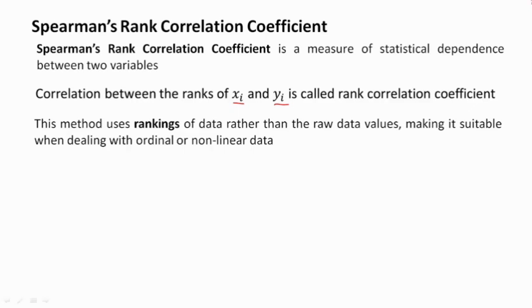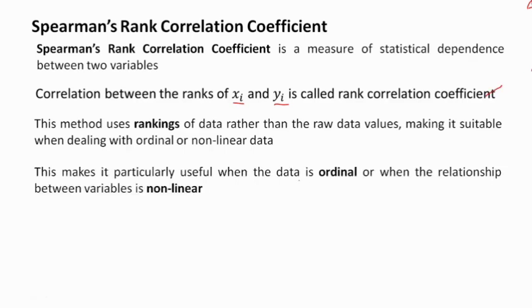The importance is given to the ranking of the data rather than the data values, making it particularly useful when the data is ordinal or when the relationship between the variables is non-linear. This is denoted by the symbol rho.